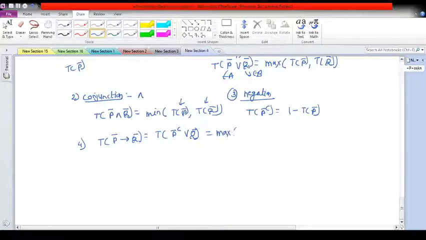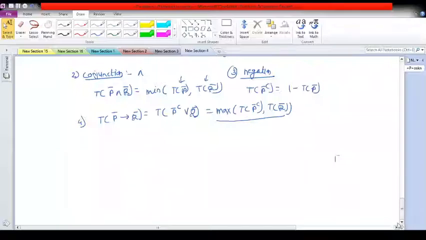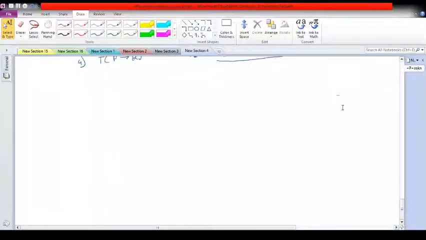It can be obtained using the max operator, which is the max of truthness of P bar complement and truthness of Q bar. Okay, so this way you can do the logical connectives, and this will be useful to form the rules. Okay, so let us see the rule based system.